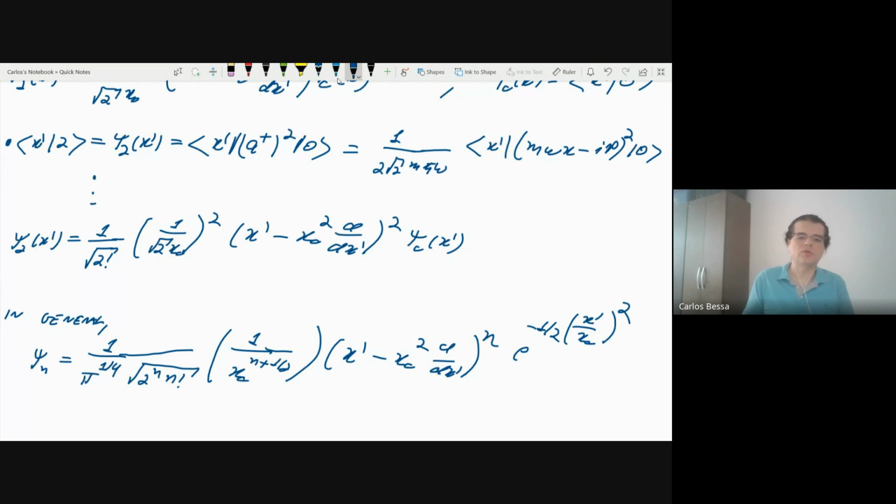Okay, this is in general. Yeah, this pi to the 1/4 comes from the psi 0. That's right.